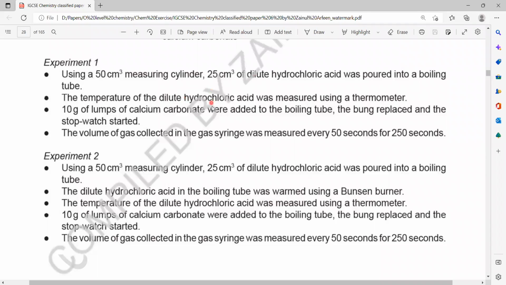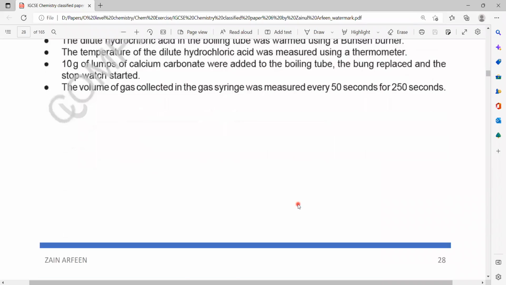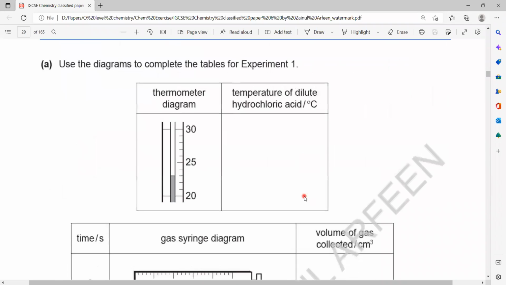Initially it was not, but now we increased the temperature. The temperature was measured using a thermometer. 10 grams of calcium carbonate, the bung was placed and the stopwatch was started. The volume of the gas collected in the gas syringe was measured every 50 seconds for 250 seconds.